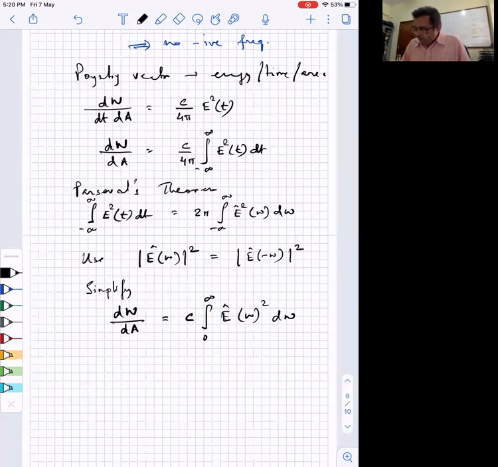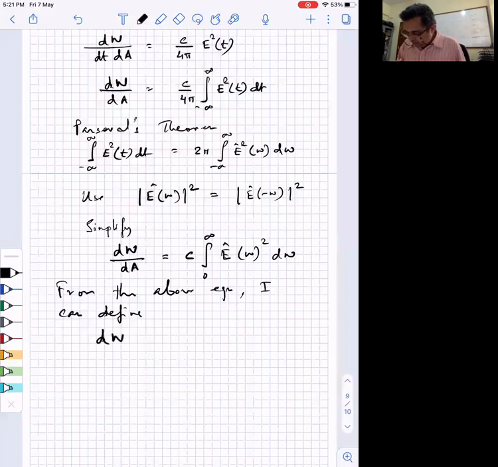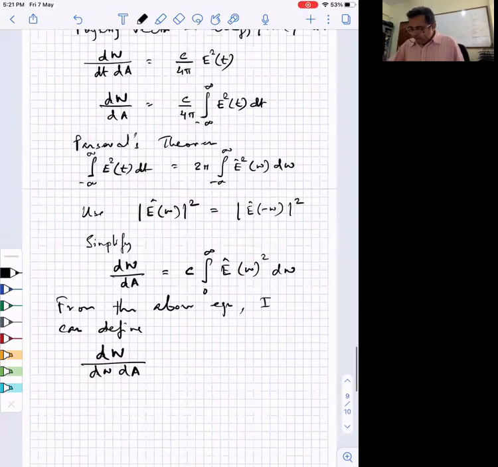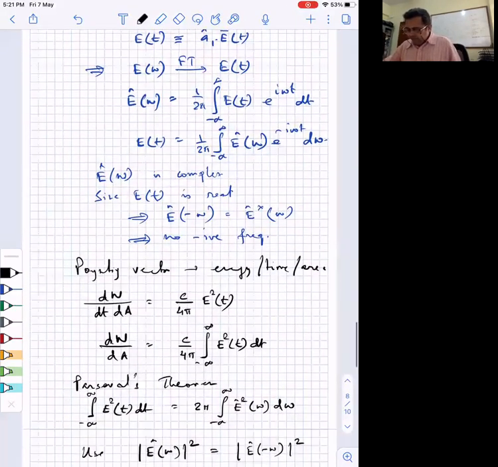So if I have an equation like this, then because this is an integral over d omega, I can identify from this above equation, I can define, remember previously we started with energy per time per area.